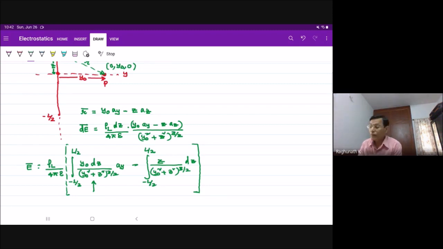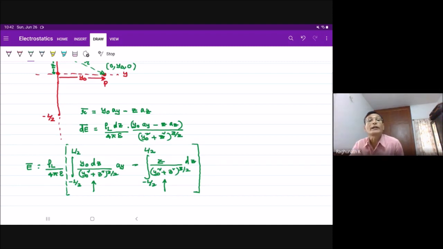But the expression in the integral for the z component has z in the numerator, because of which it is an odd function, the integral of which is 0. Now carefully see this. Here it is fine.